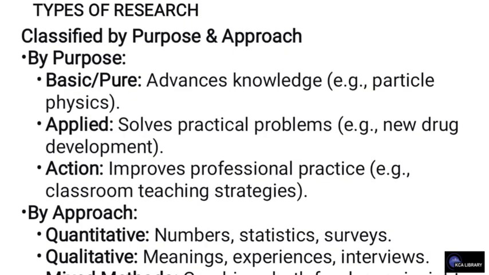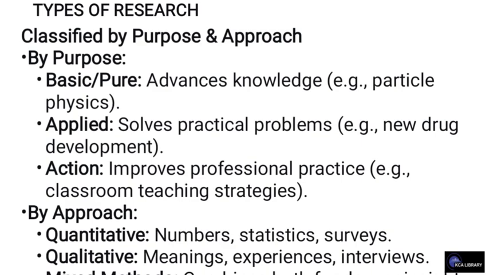Now, what are some of the types of research that we have? Research is classified according to purpose and to approach. Now, by purpose, research is either basic or pure, or applied, or it is action.